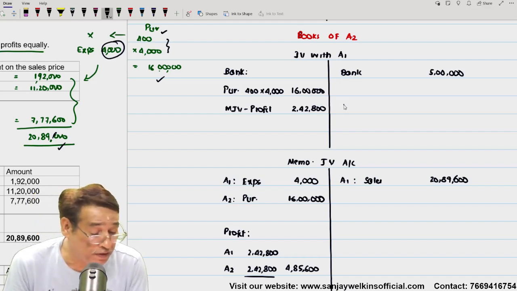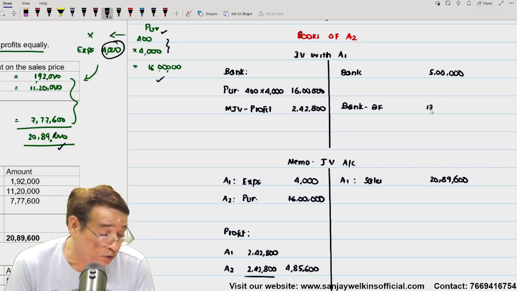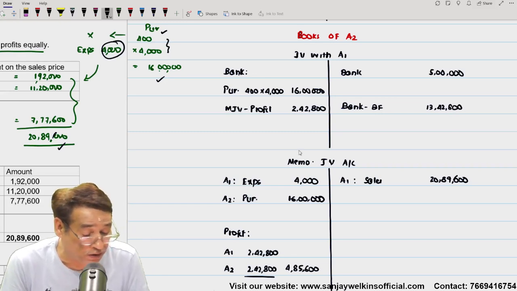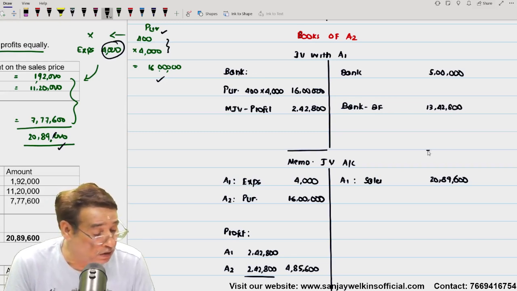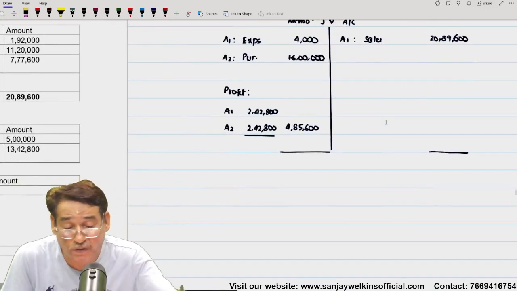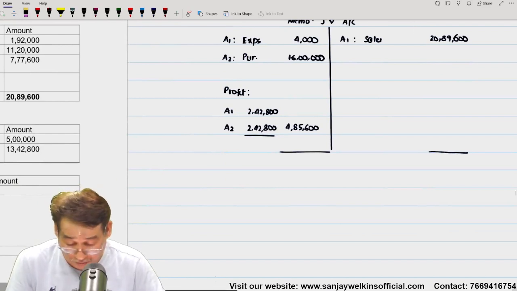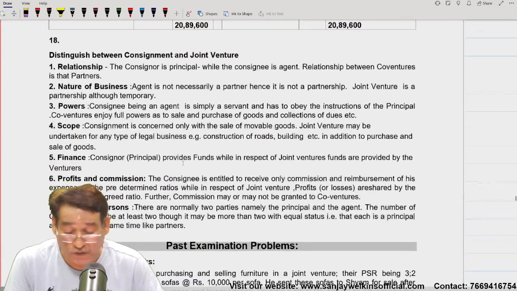So we will receive the same amount by bank, balancing figure, and it is 13,42,800. Is it clear to you or not? Is it clear? Absolutely clear. So this is how you are going to do all the questions of the joint venture.